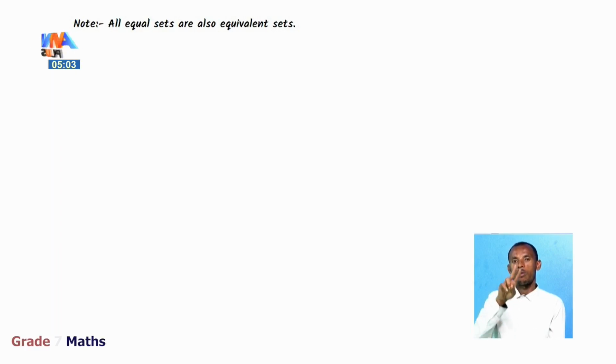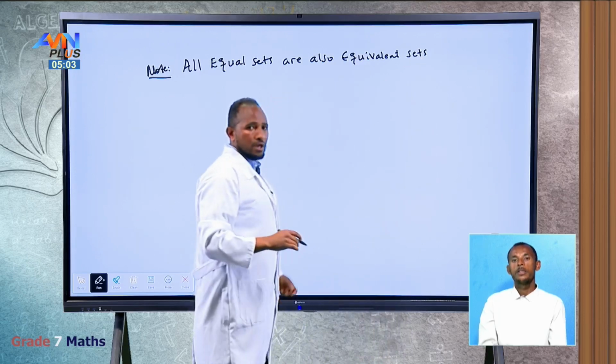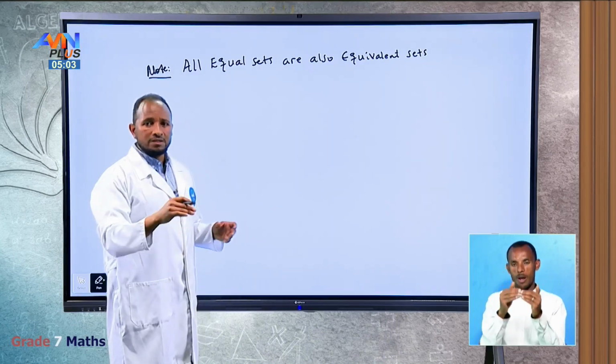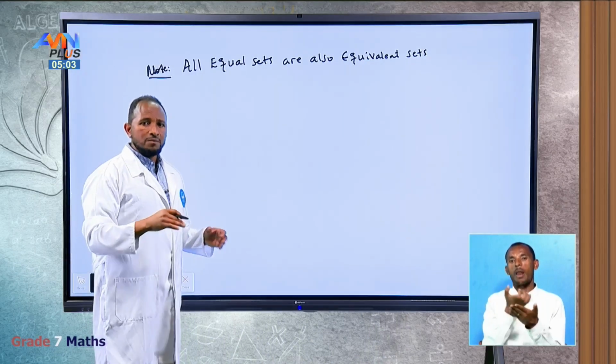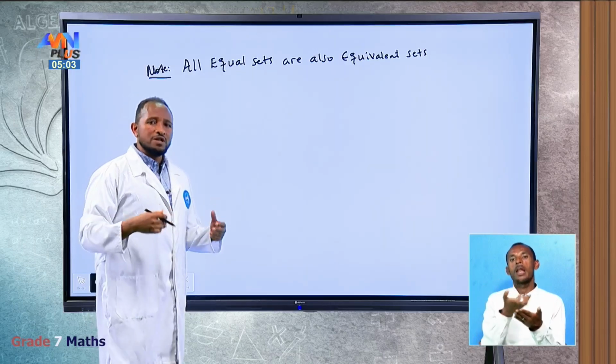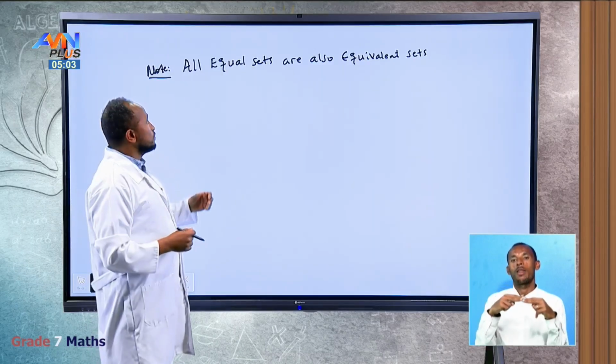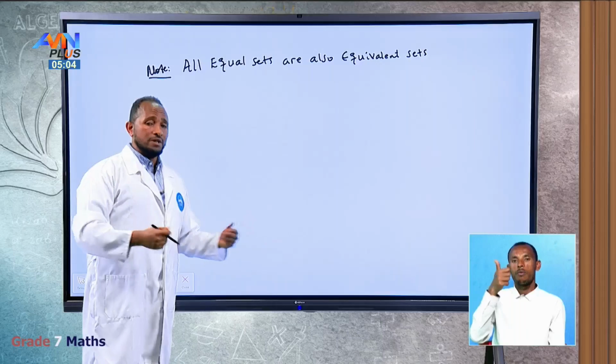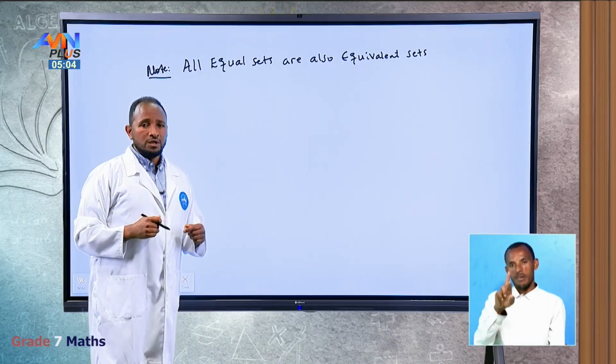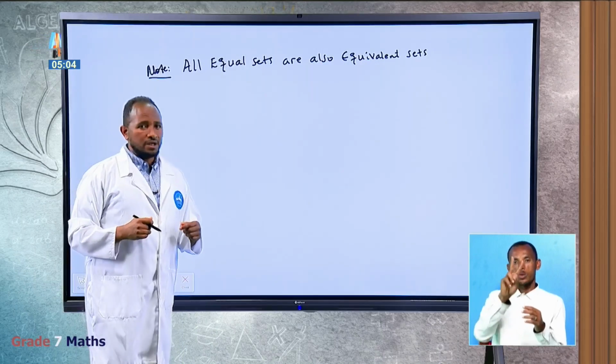All equal sets are equivalent sets, since if they are equal, they have identical elements. They have the same elements. So when you count the number of elements, it is also the same. Therefore, if two sets are equal, they are equivalent. But the reverse is not true.